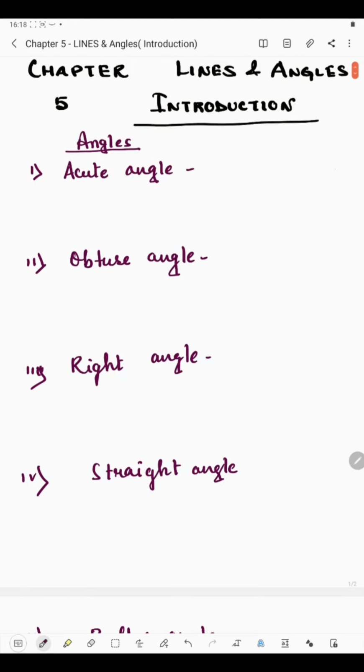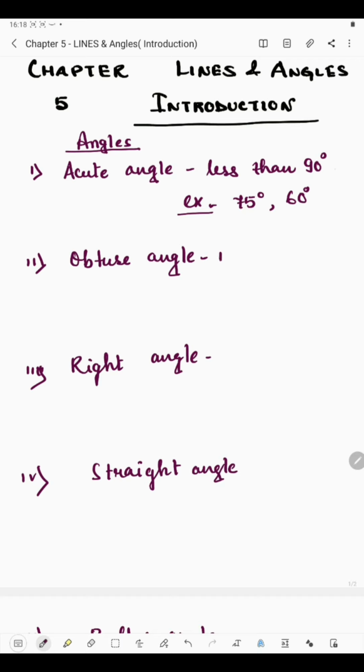Now, acute angle means the angle which is less than 90 degree. For example, say 75 degree, 60 degree, these all are acute angles. Now, what are obtuse angles?